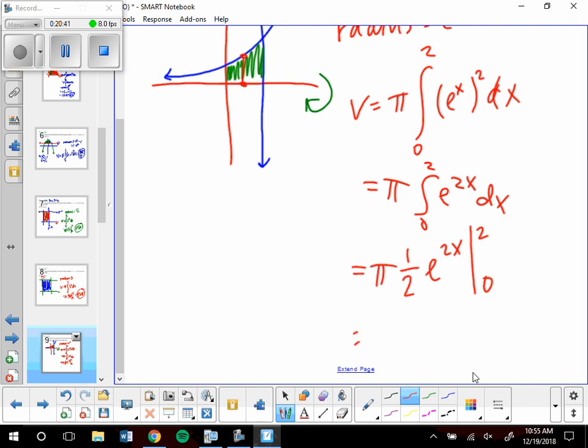I'm going to combine the pi and the 1/2. E to the 4th minus e to the what? 0, which is just 1. So that's going to be an acceptable answer: pi over 2 times e to the 4th minus 1.